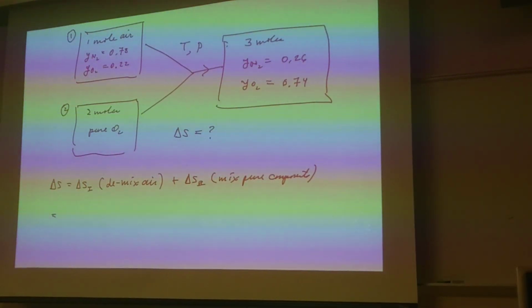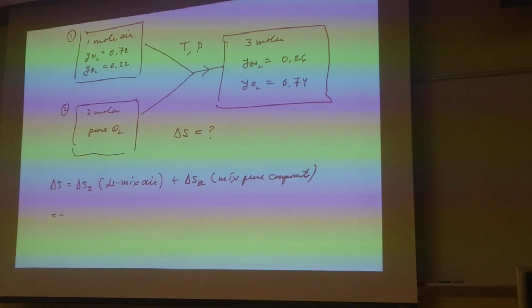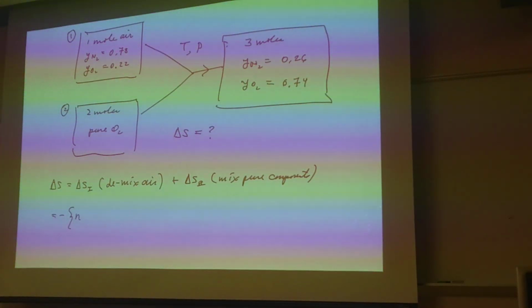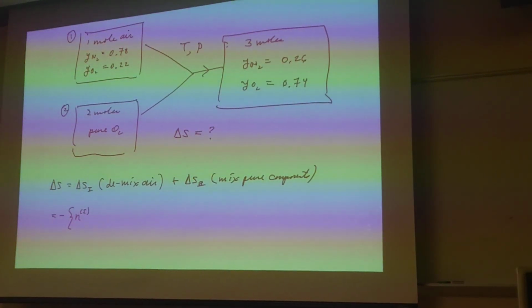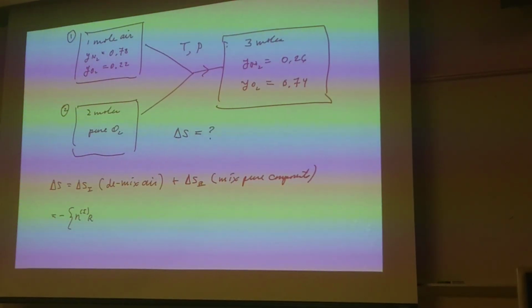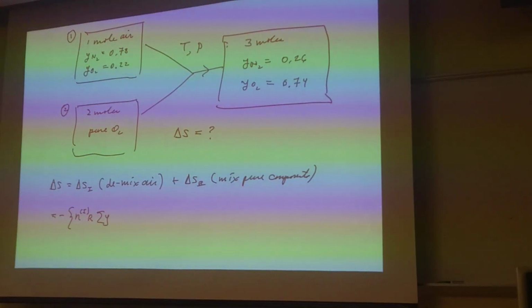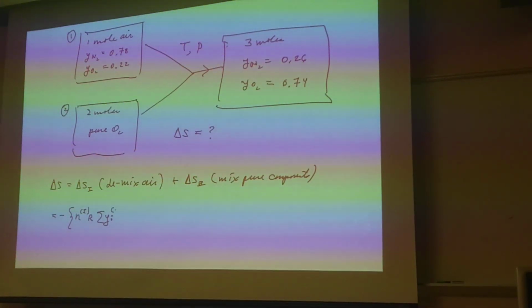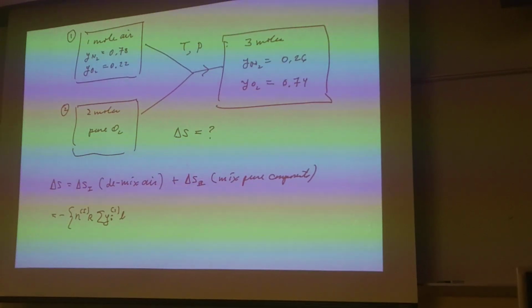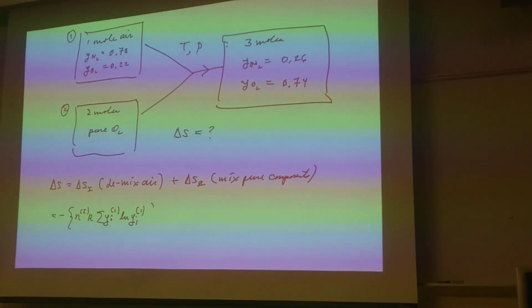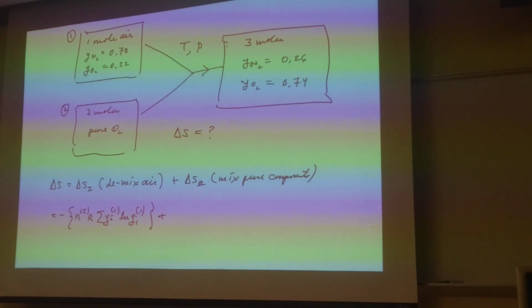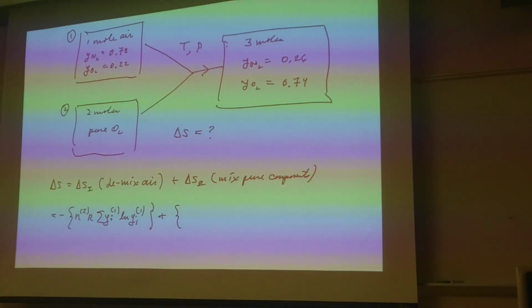So if I can write that out, I have minus here, and this is now for system 1. Call this thing system 3 then.